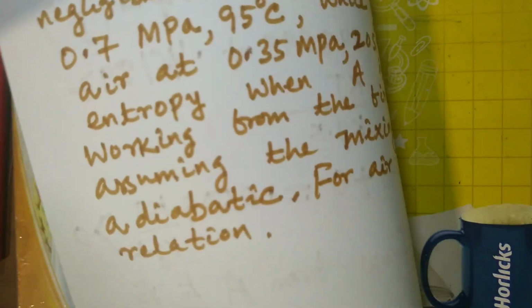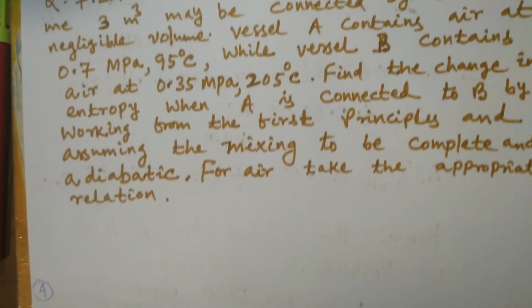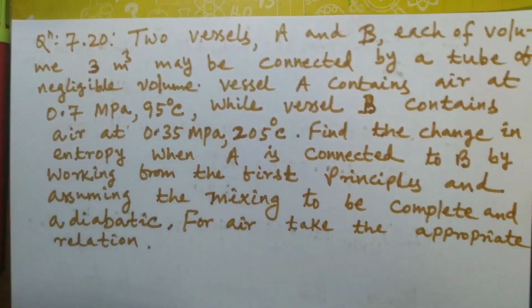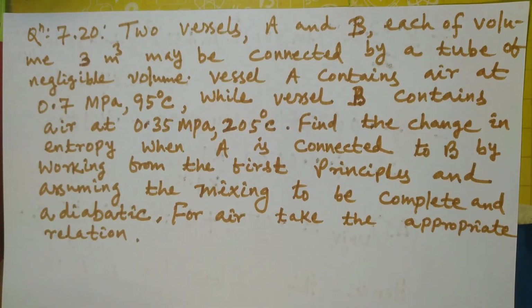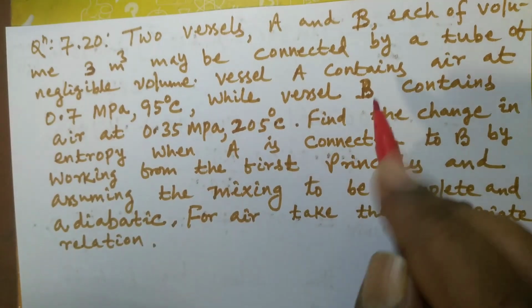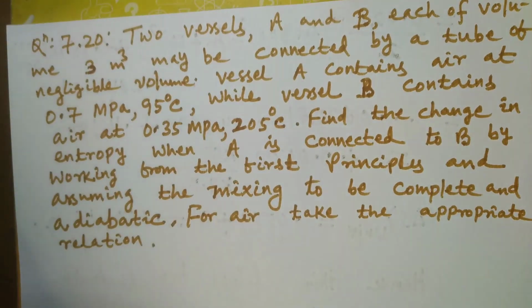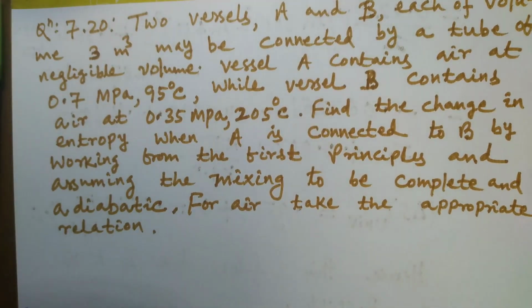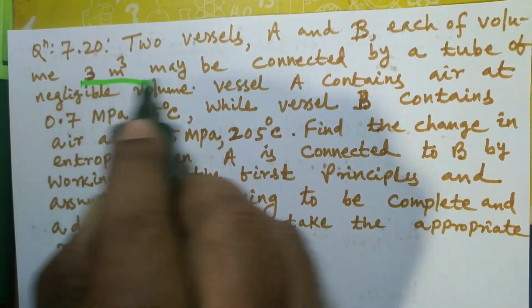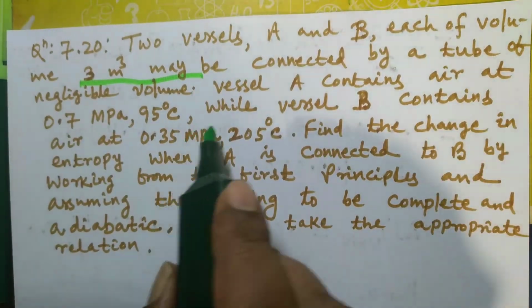So the next question, 7.20, is like this. Two vessels A and B, each of volume 3 meter cube, may be connected by a tube of negligible volume.